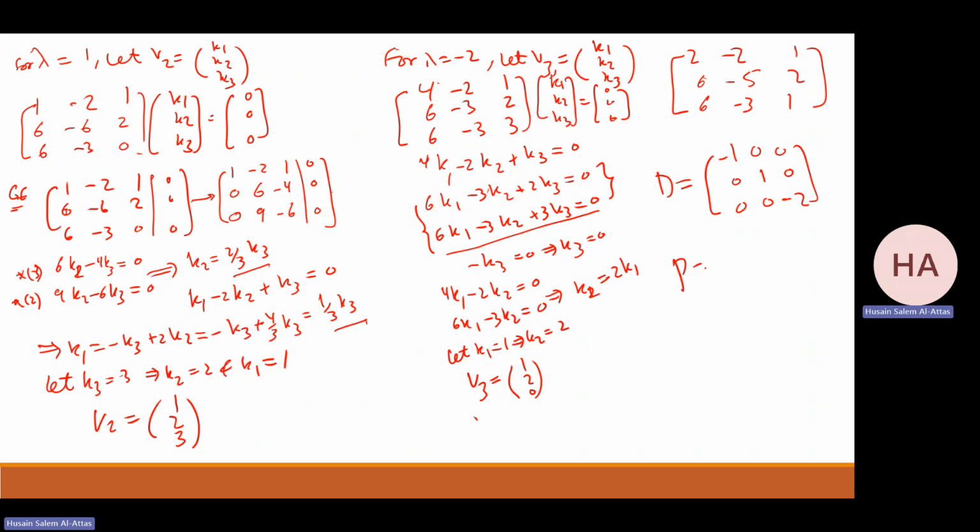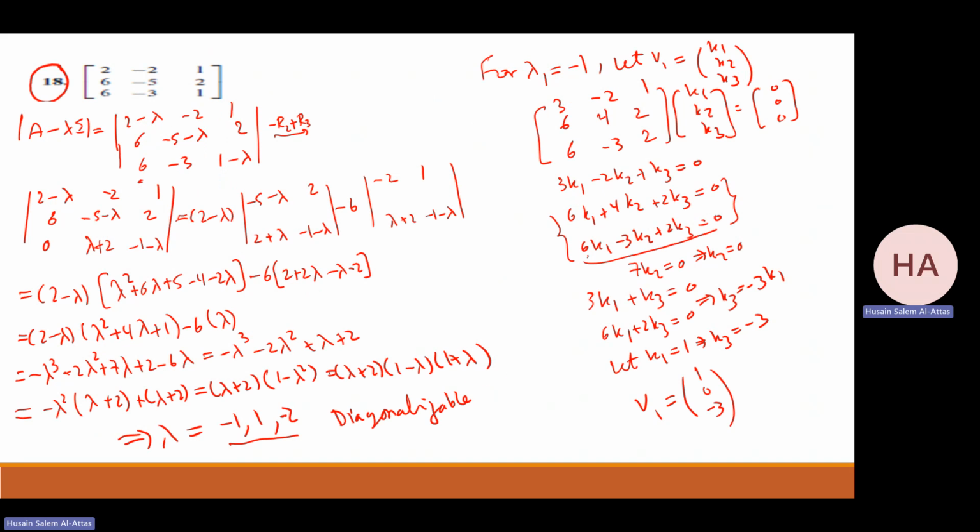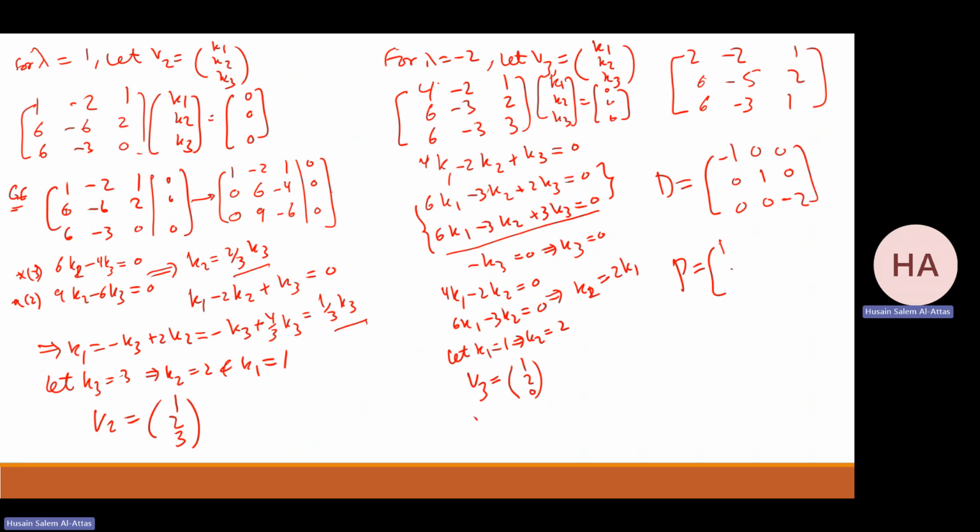And what is B? I need the same order. The first v1 is 1, 0, -3. Lambda equal 1, I have 1, 2, 3. And this one, 1, 2, 0. You need to do it in the same order as the diagonal matrix.